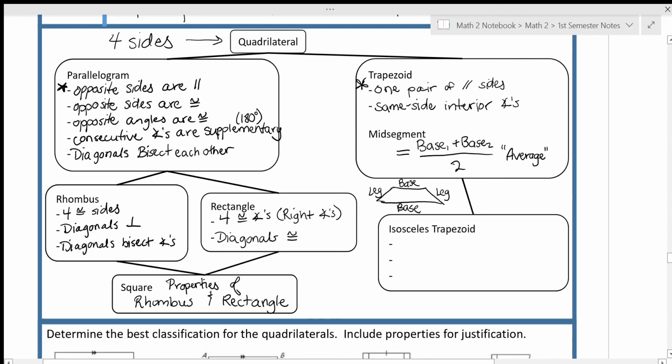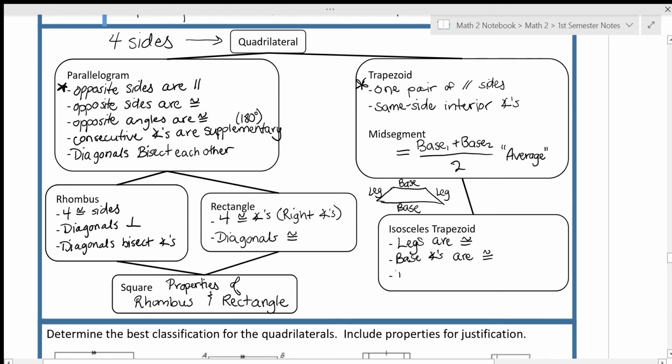So with an isosceles trapezoid, the legs are congruent, the base angles are congruent. Again, this is only with an isosceles trapezoid.